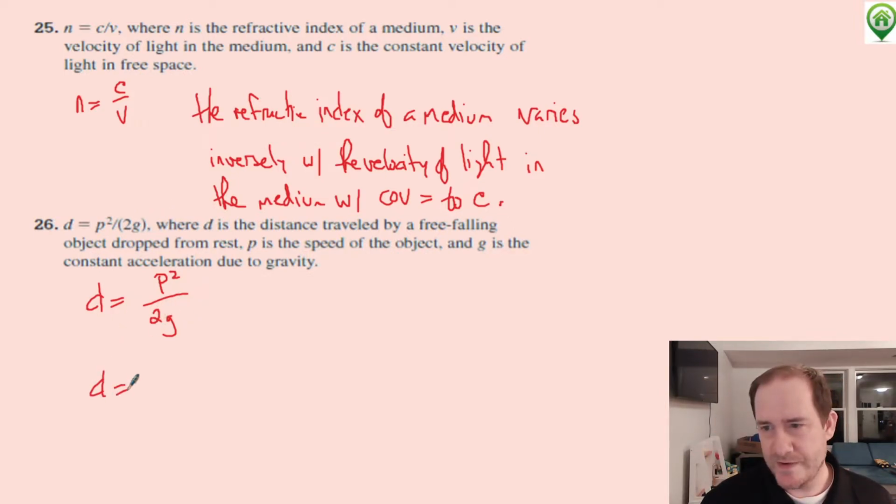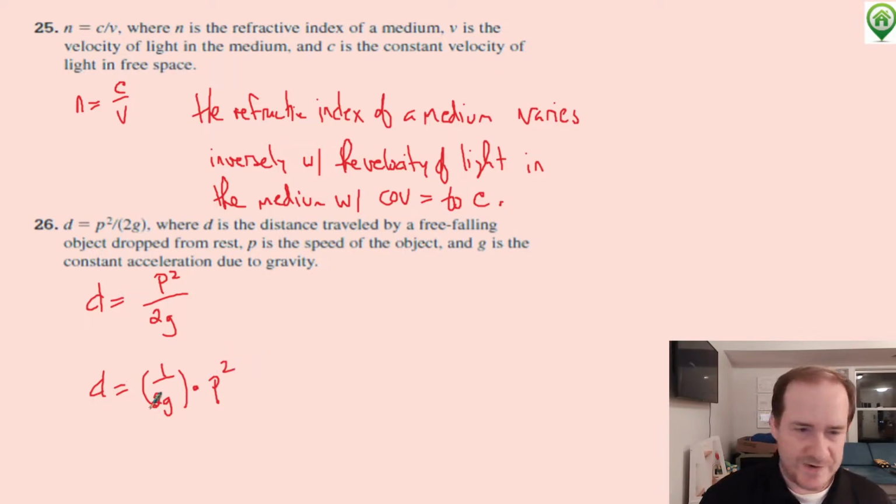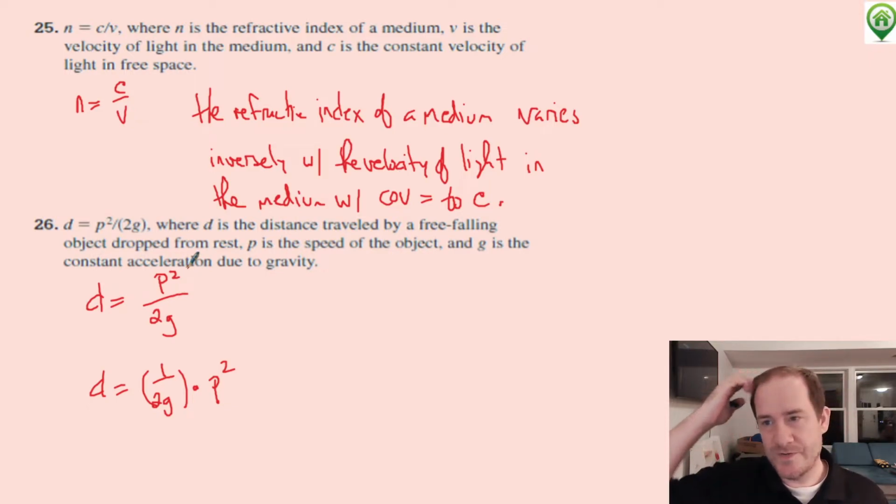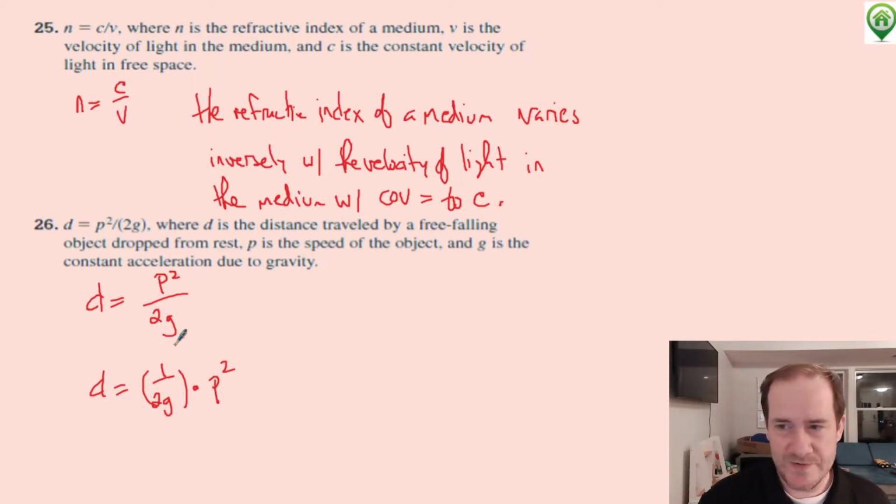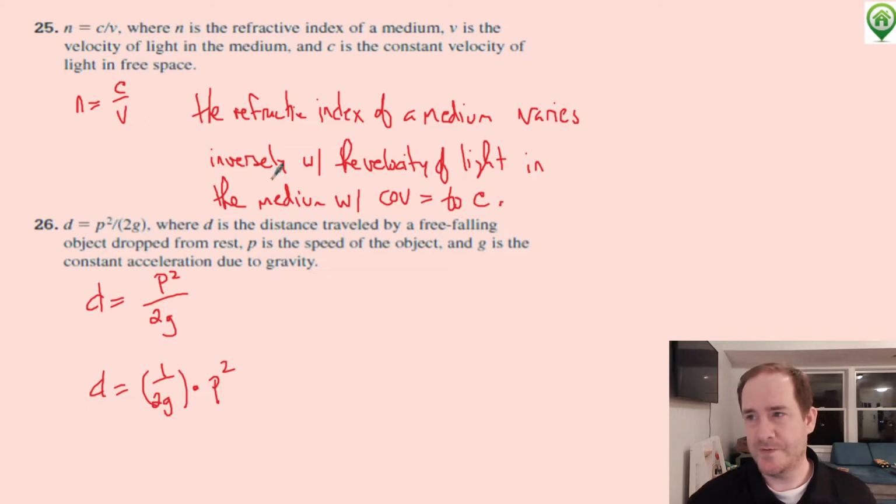So rewriting this, 1 over 2g, that's our constant of variation, and we're multiplying that by p squared. So this is actually a direct variation. I know it's a fraction, but it's not an inverse variation. It's a direct variation because the denominator was our constant. When the denominator was our variable, that's when we had an inverse variation. So 25 and 26 are pretty different.